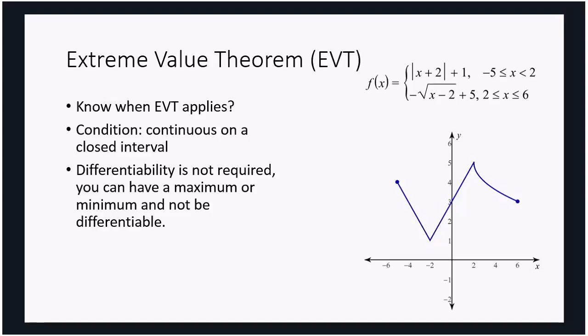I stress very hard in my classrooms that closed interval has to apply, has to be there for the extreme value theorem to apply. Differentiability is not required. As you can see from the graphic I have, there are 2 points where this function is not differentiable. However, both of those points are a maximum and a minimum. So extreme value theorem only needs included endpoints to apply.